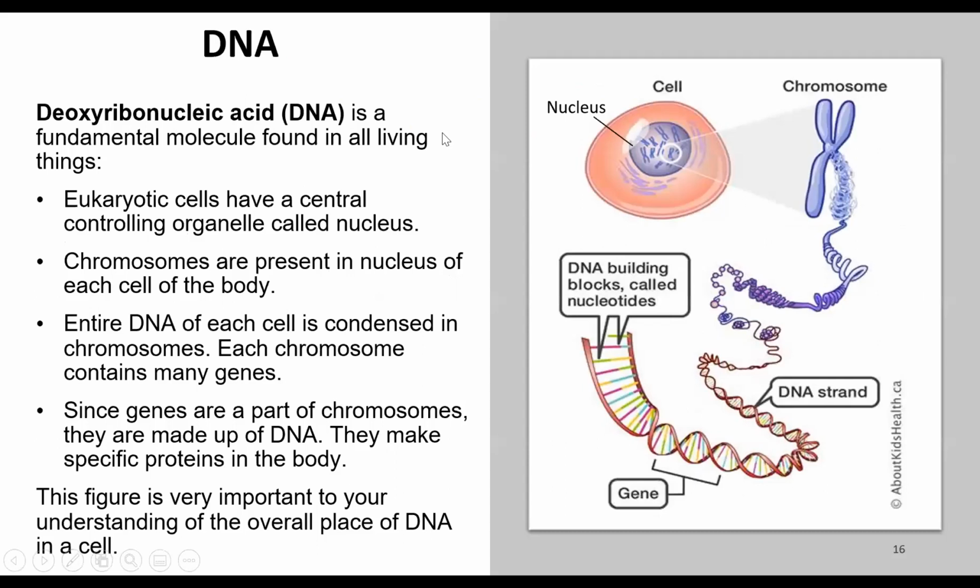So let us try to put all of this knowledge of chemistry and structure together. The DNA is a very important molecule in all living organisms, especially eukaryotic cells. There are 2 kinds of cells. There is eukaryote that contains a nucleus, and prokaryote that does not contain a nucleus. It's a little bit more simple. Inside the nucleus, if we just blow this up, a chromosome, that's how it will look.